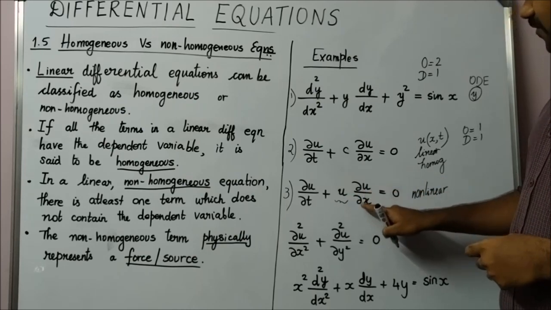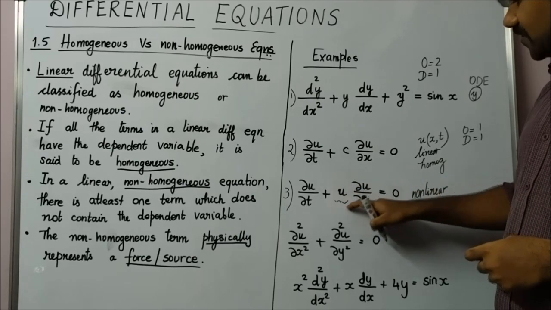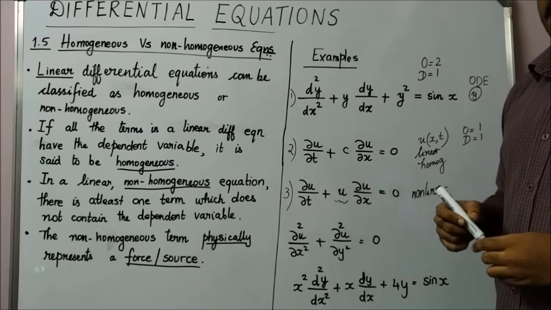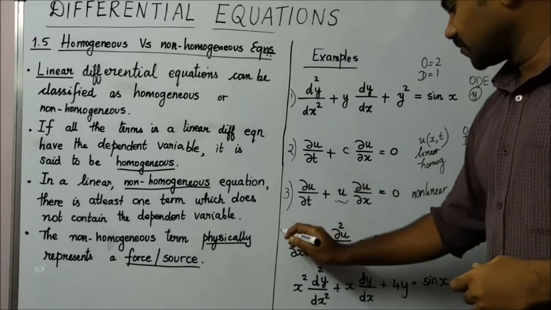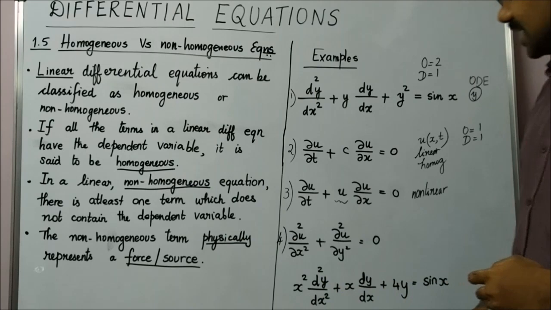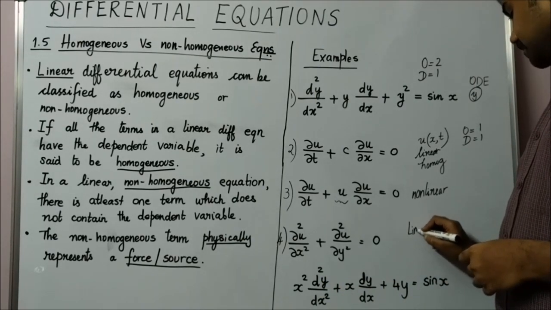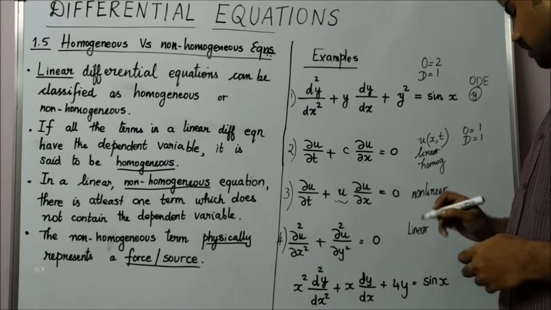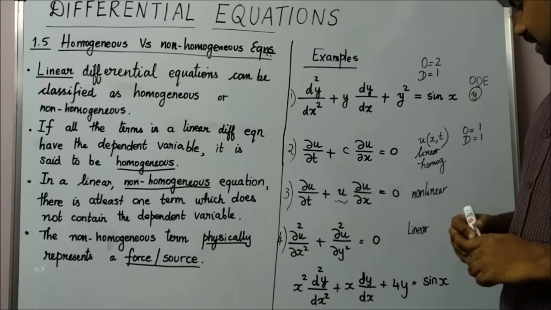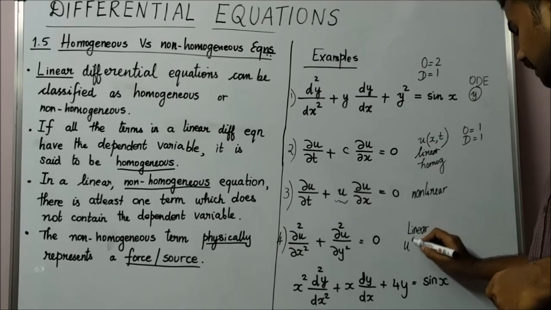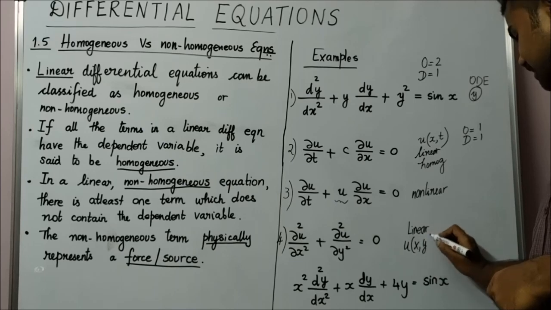The derivative of the dependent variable has a coefficient which contains the dependent variable. Now coming to the fourth example, this is the famous Laplace equation, and this equation is linear. You can check all the three conditions are satisfied. Again, the dependent variable is u and the independent variables here are x and y.